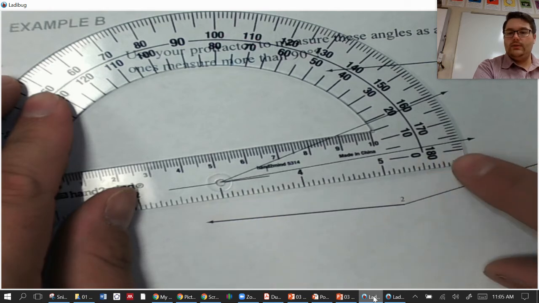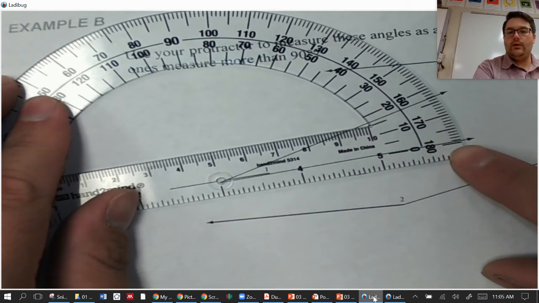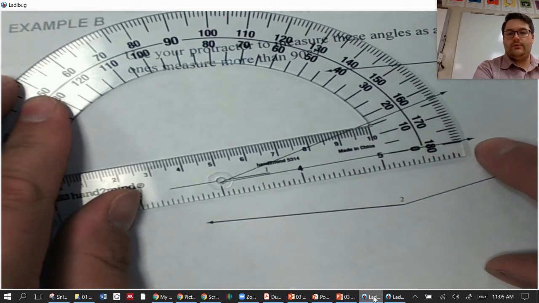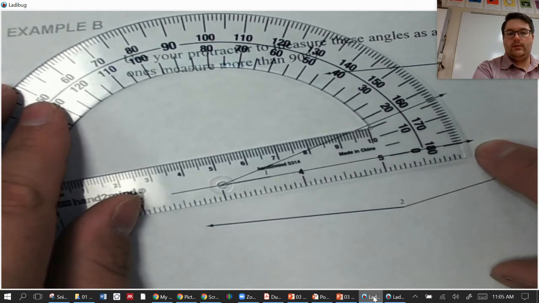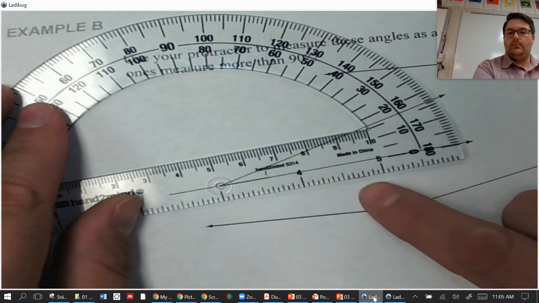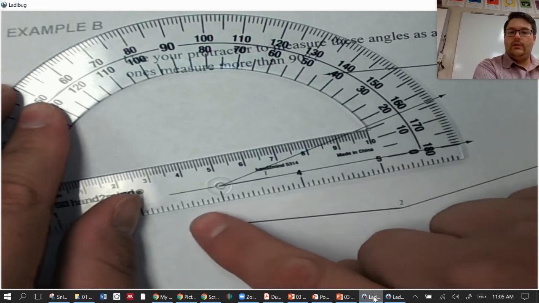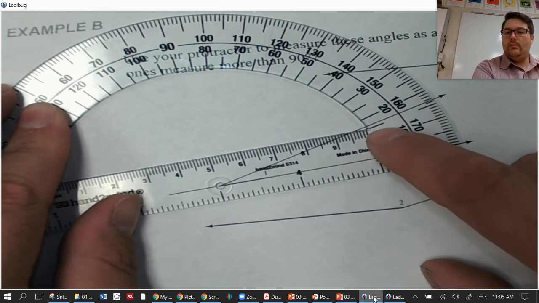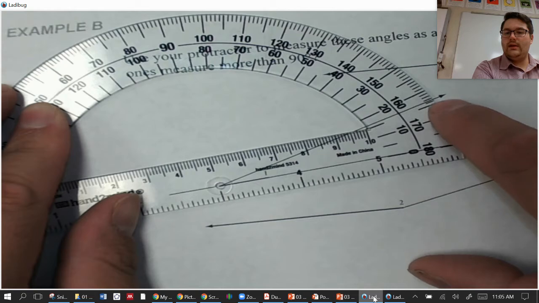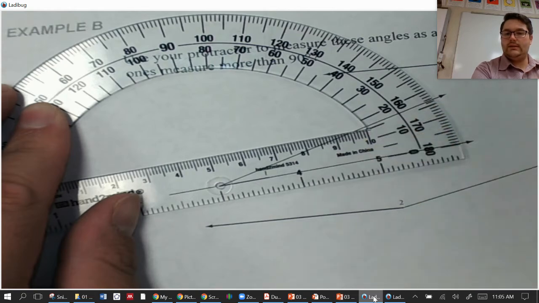The next step is to line up the 0 mark on your protractor with the first ray. You can see I've got my center mark lined up at the vertex and my 0 mark lined up there. Now I can read it off. Because I lined up the 0 on the inside scale, I'm using the inside scale. There's 10, 15, and I can use these littler marks to say it looks like I'm about 16 degrees there.